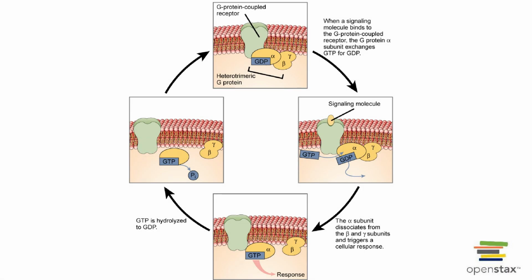Most of the cell surface receptors that are activated by hydrophilic hormones are G-protein-coupled receptors. When activated, the alpha subunit of the heterotrimeric G protein binds to GTP. The G protein dissociates from the receptor, and the alpha subunit separates from the beta and gamma subunits.